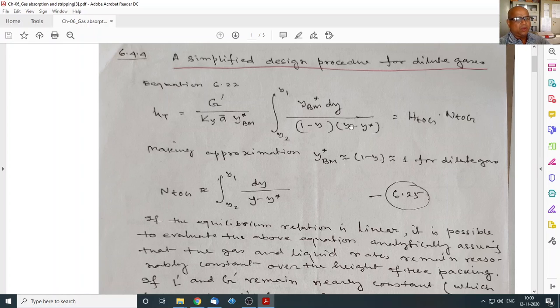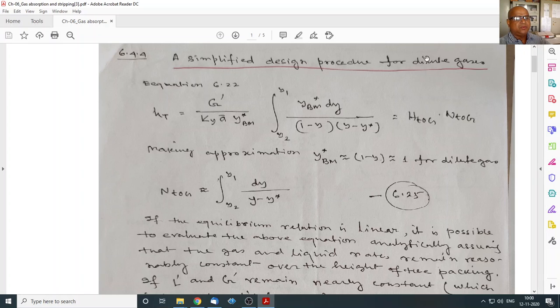That means once I learn how to calculate this analytically, then when a problem is given, you have to see if your problem falls under the dilute gases case, then you can use this equation. Whatever we will derive, otherwise this is the generic one, which is applicable everywhere. So let's see how this term can be simplified for the dilute cases, and the analytical solution will come.